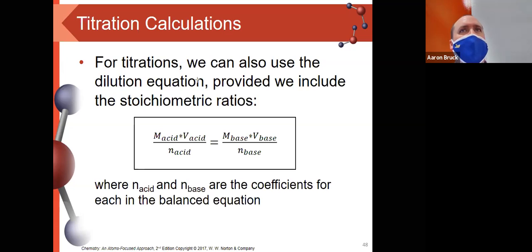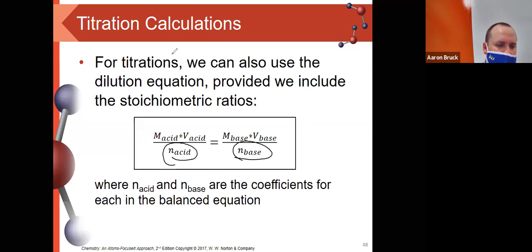In the titration equation, because I'm dealing with a balanced chemical equation and I'm dealing with 2 different substances, I have to know the relationship between those 2 substances in that balanced chemical equation. And that's where these values come in. These are the stoichiometric coefficients found in the balanced chemical equation.